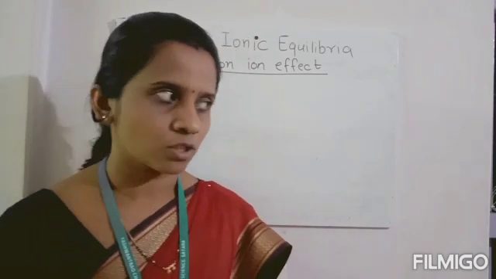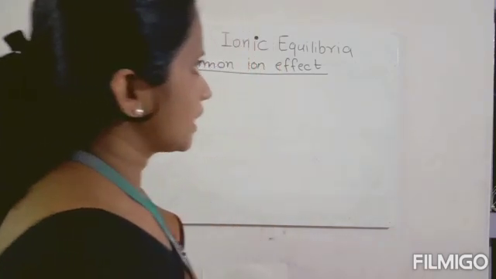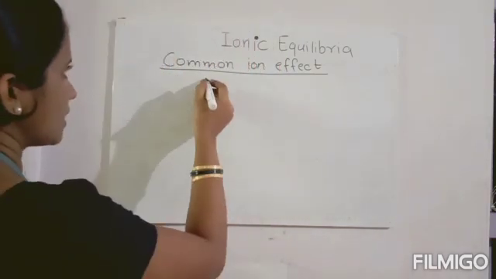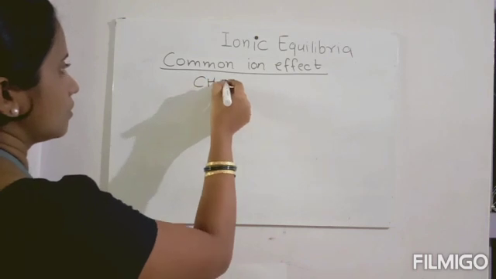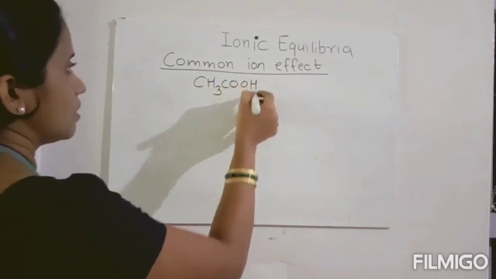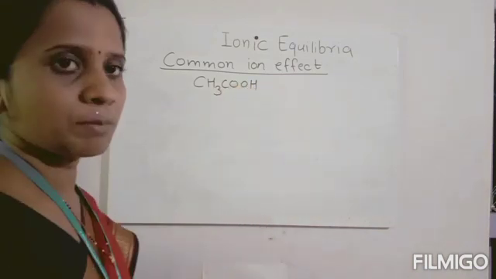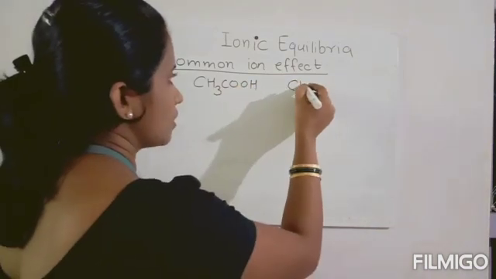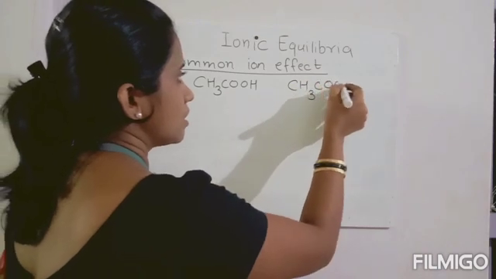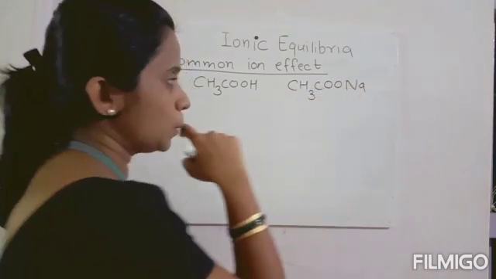complete dissociation. Here take example of weak acid CH3COOH and its ionizable salt, that is CH3COONa.